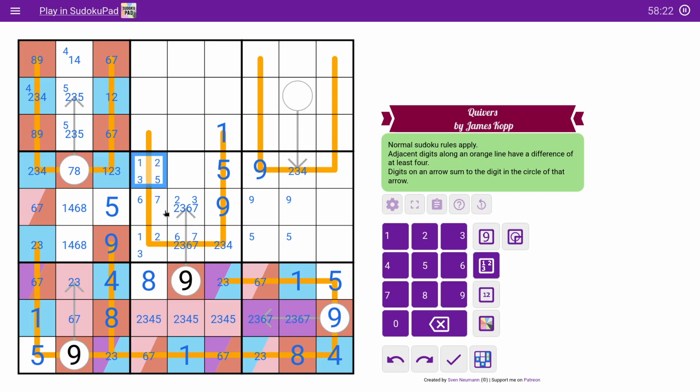1, 2, 3. Not a 5, of course. We have our quadruple, making this an 8. 7, 2, 3, 1, 2, 3. 2, 3, 2, 3, 4.